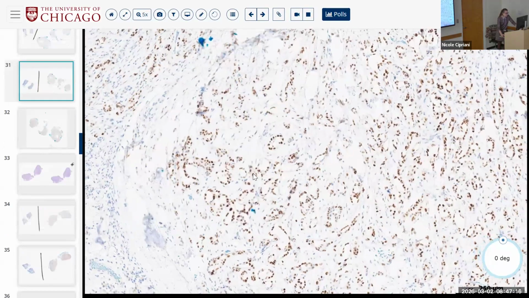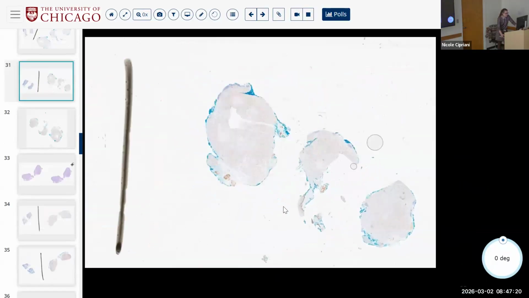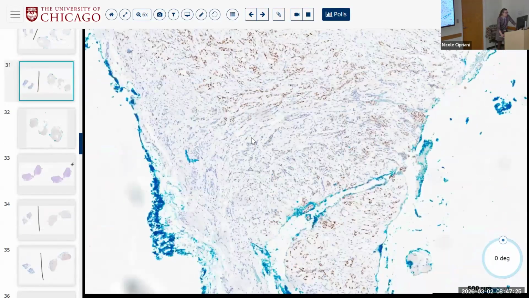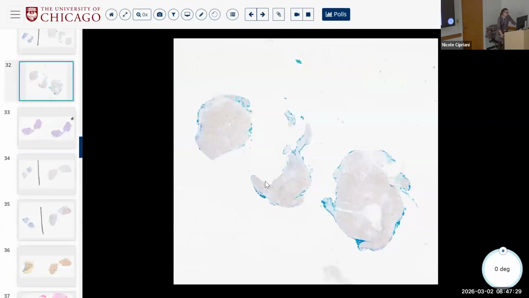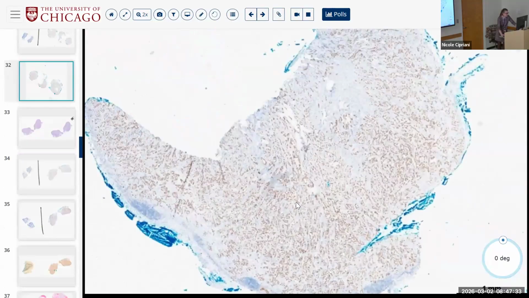But similar to the other case we just saw, what do you now expect this stain to be? P63. This discrepancy between P40 and P63 is something some people like to show, but I don't need to show it because I don't care what P63 shows.